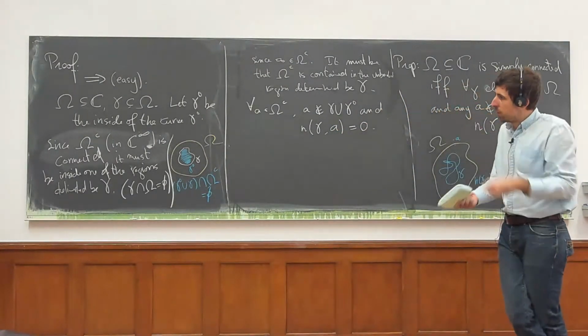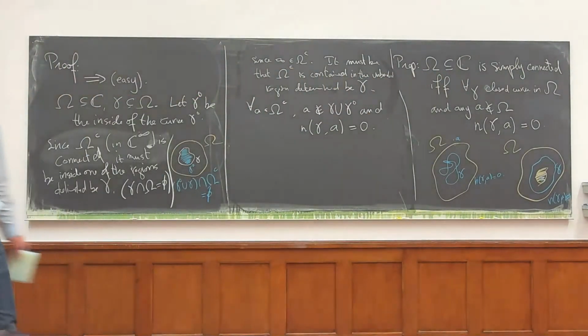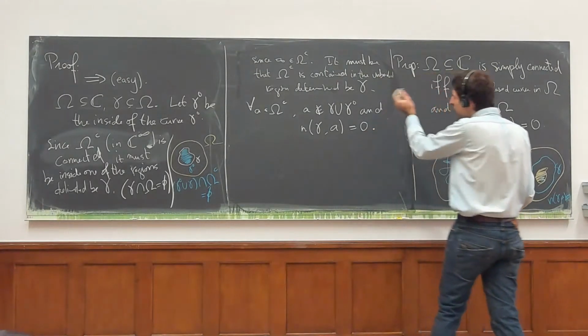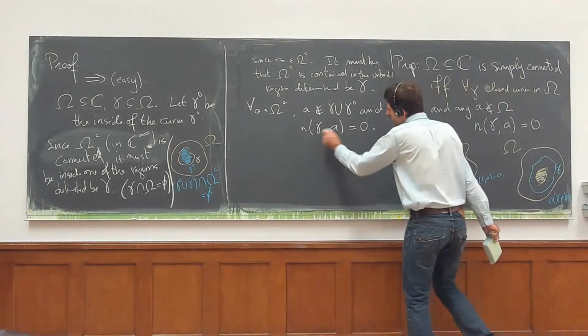Okay, because a connected set needs to be in one of the regions delimited by the curve. Otherwise, I could split the connected set and it wouldn't be connected to start with. And because it contains the point at infinity, it needs to be in the unbounded region. And in the unbounded region, we proved that the winding number was 0.